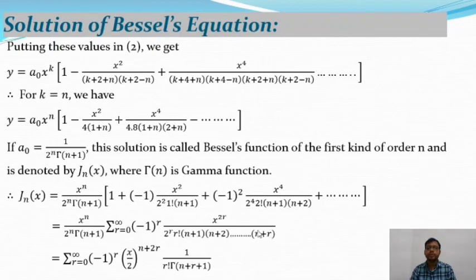And this is equal to (n+1)(n+2)(n+3)(n+4) and so on up to (n+r), and it is actually the gamma function, equal to gamma of n plus r plus 1.